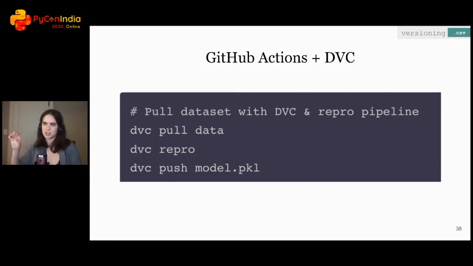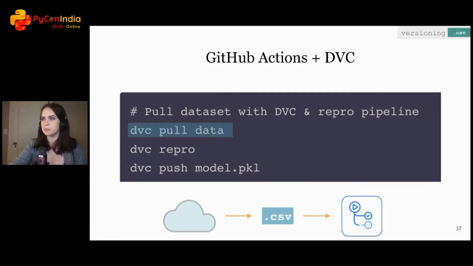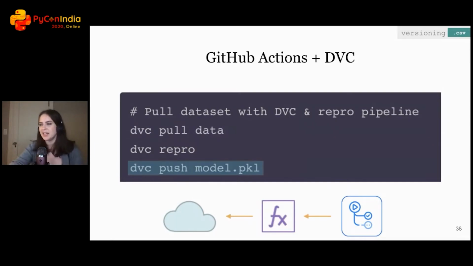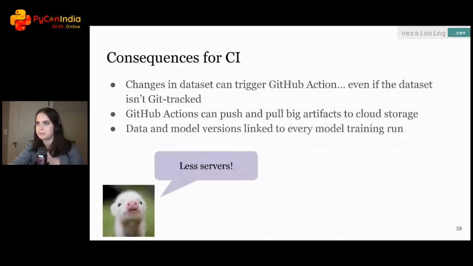So you can really start pushing and pulling lots of things to and from cloud storage using this high-level syntax. And that avoids you having to try to cram things into your GitHub repository or use Git LFS. You can use whatever storage you like, and that includes Google Drive, S3, GCP Bucket, Azure Blobs. It's pretty flexible. So when you pull data, you're grabbing data from the cloud, and when you're pushing things from the runner to the cloud.